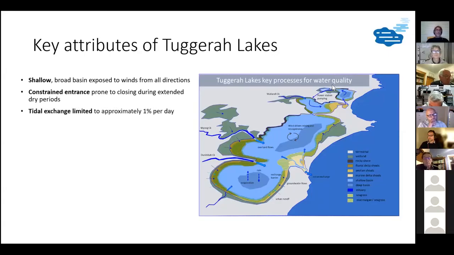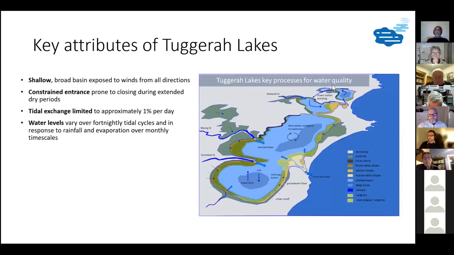That leads to tidal exchange being very limited, approximately 1% of the lake volume per day. The water levels in the lake don't vary much on a daily cycle, but more over a fortnightly tidal cycle due to spring and neap tides, and also in response to rainfall and evaporation, and due to wind forcing.